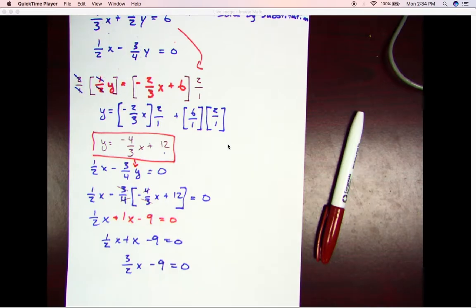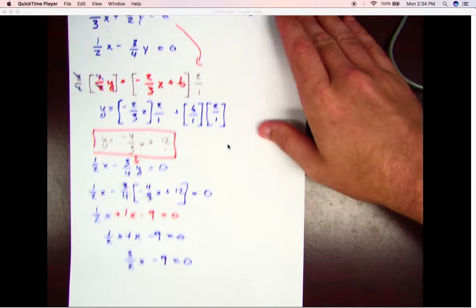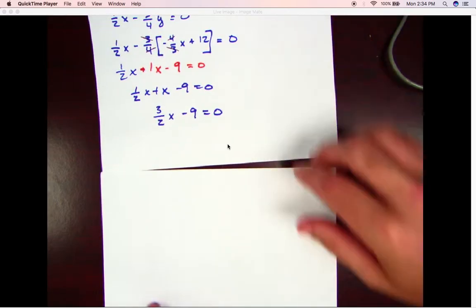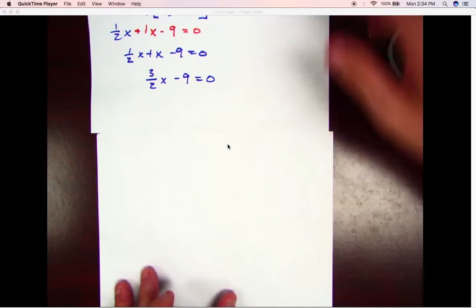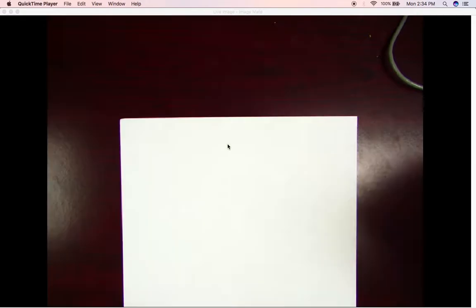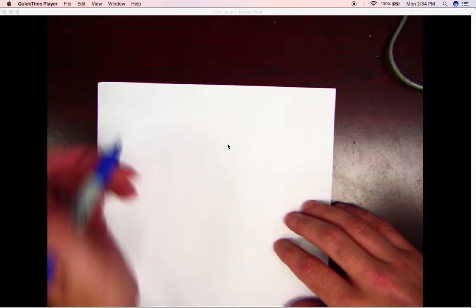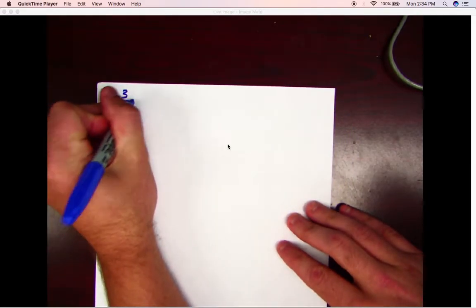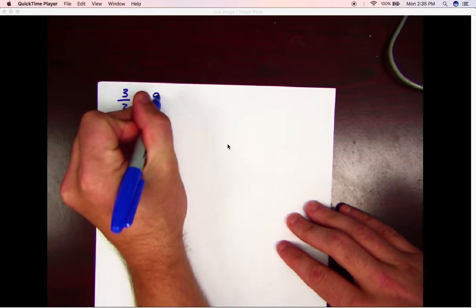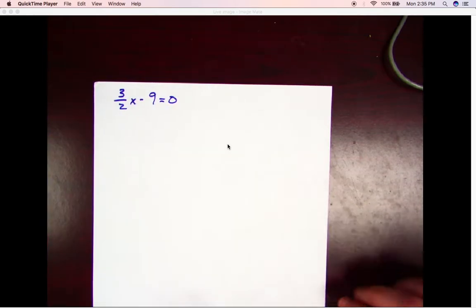So let me get another sheet of paper real quick. Three halves x minus 9 is equal to 0.